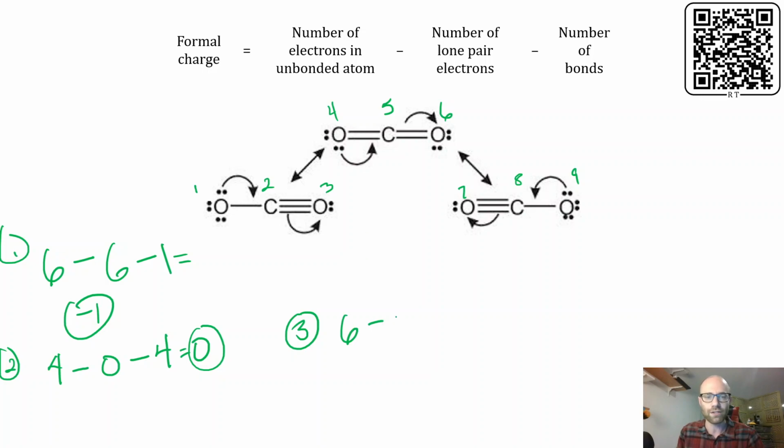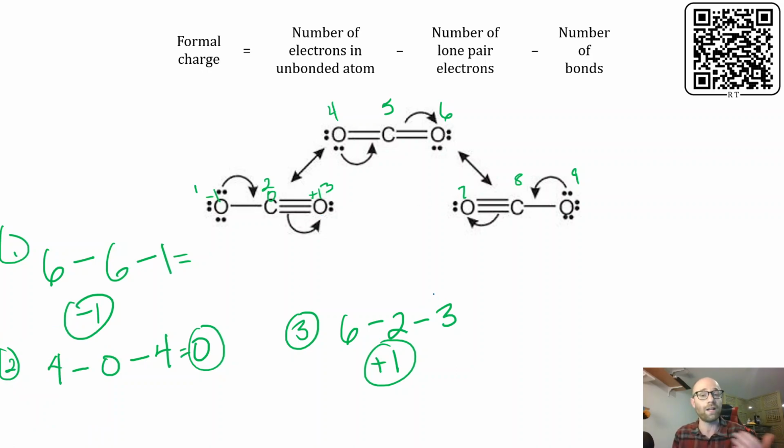We're going to subtract 2 for the 2 lone electrons, and we're going to subtract 3 for the 3 bonds on this oxygen. And that's going to give us a positive 1. So this one would be labeled with a positive 1, this would be a 0, and this would be a negative 1. Now we could go through and do all that math again, but if you look closely, oxygen 1 and oxygen 3 are the same in terms of their electron structure.